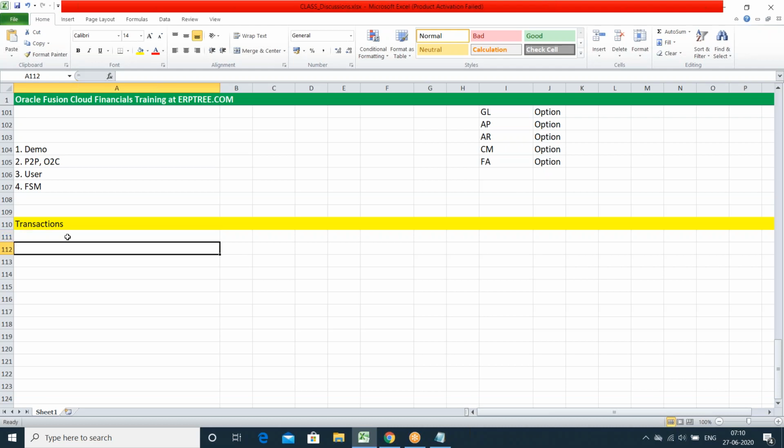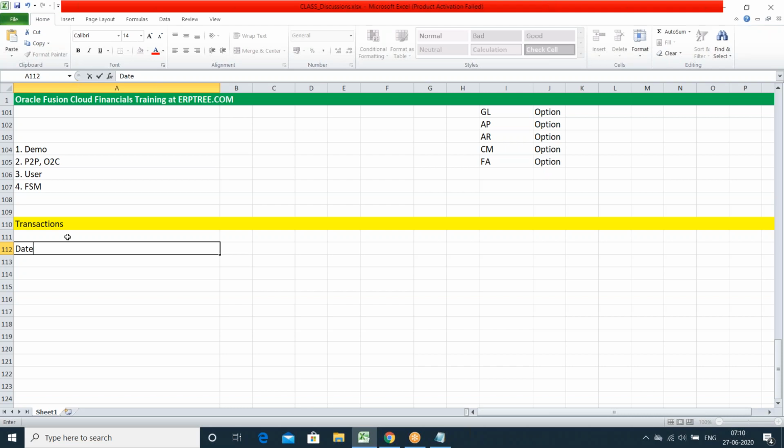First, we'll see to create the transaction, what details we have to input in the system. If you are going to create any transaction, first you have to enter the date. Not only in the system, if you are going to record any transaction in the books in a more meaningful way, how we have to record any business transaction, that could be sales or purchases or any other business activity.